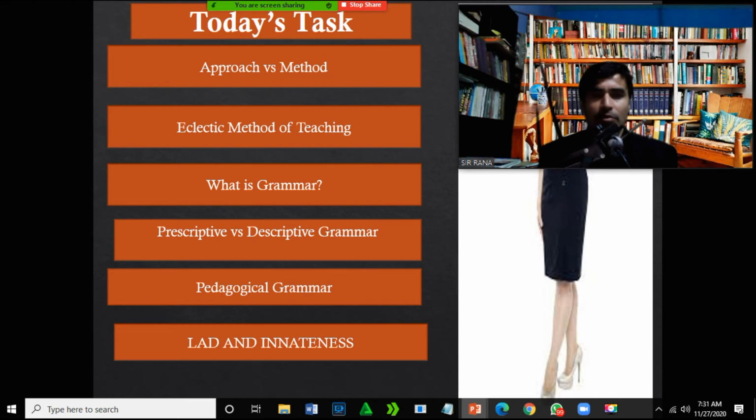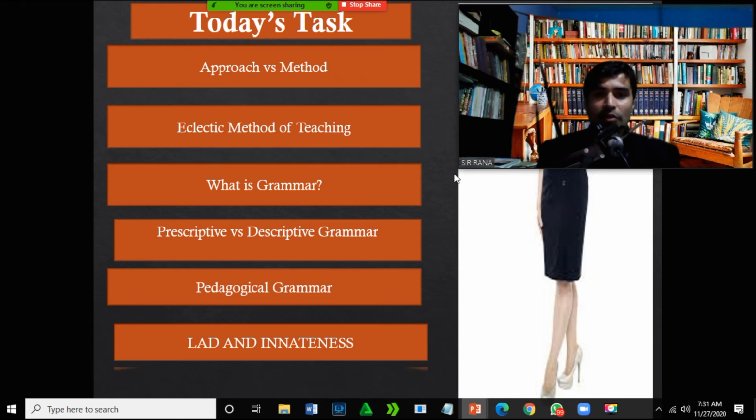Innateness is also a theory. It is also known as innate theory, the mental theory, the cognitive theory, that it is all the mind that acquires language. The mind has the LAD, and ultimately the LAD approaches language gradually. It automatically functions with the passage of time. So these are the concepts I will be discussing today.